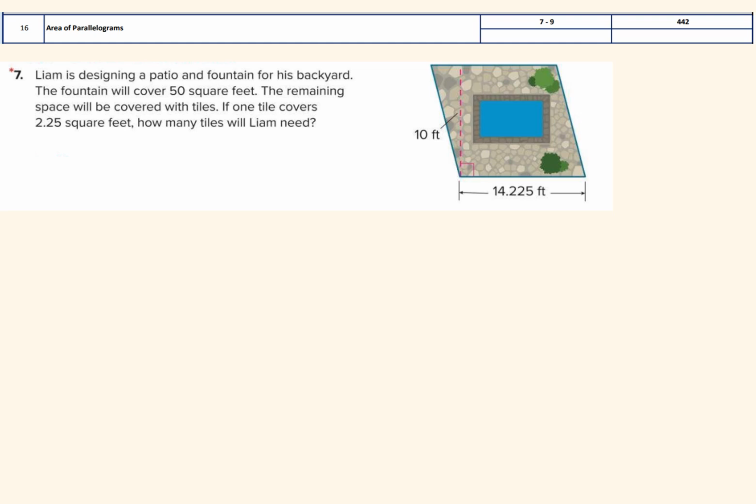At the beginning, I need to find the total area. So that will be step number 1, finding the total area. Since the shape is a parallelogram, we're going to use the formula A equals B times H. Then I'm going to replace B by its value, which is 14.225.